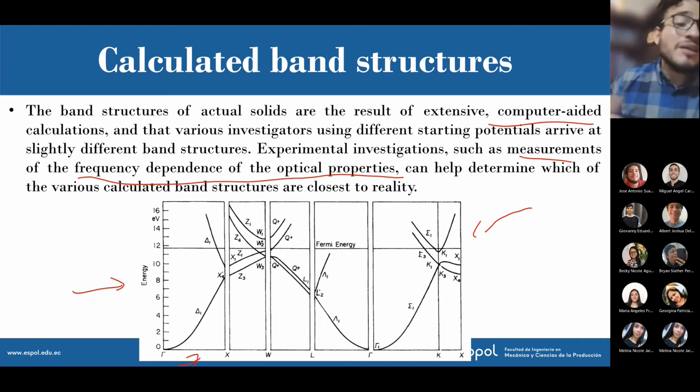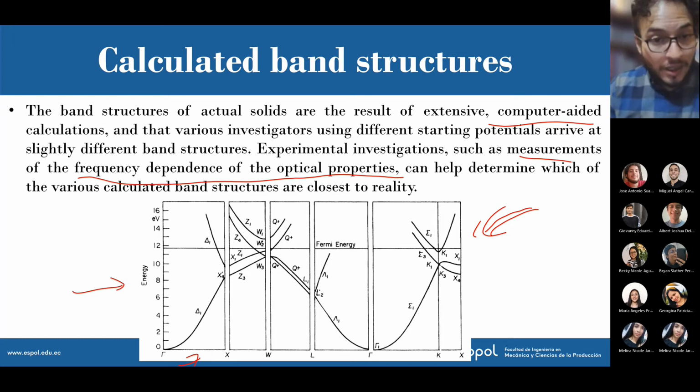But at the end, you can't really measure this. All these graphs are calculated. They're not experimental at all. They're all computer-aided calculations with the equations I've shown you so far. Okay? And you get this graph. This is a band structure, the main band structure of a material.